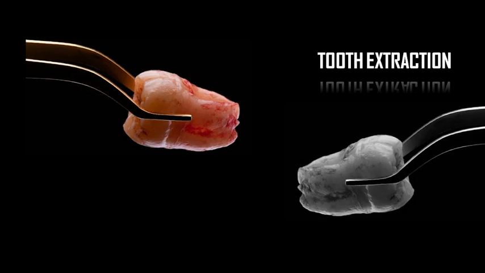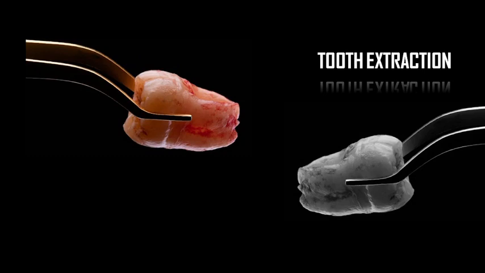So tooth extraction, let's start. Let's suppose that a patient came to your clinic in pain. Of course, you will do your clinical and radiographic examination in order to confirm your diagnosis accurately.